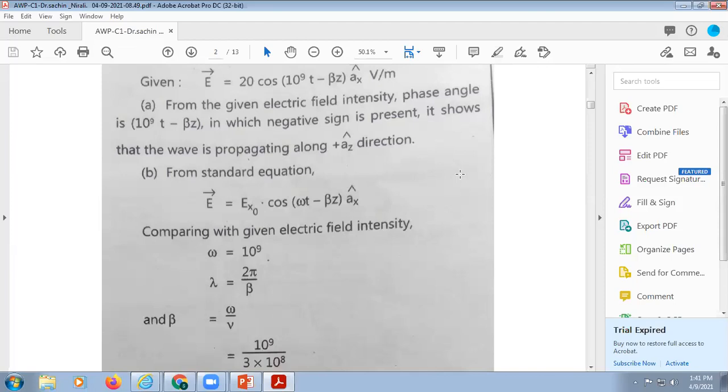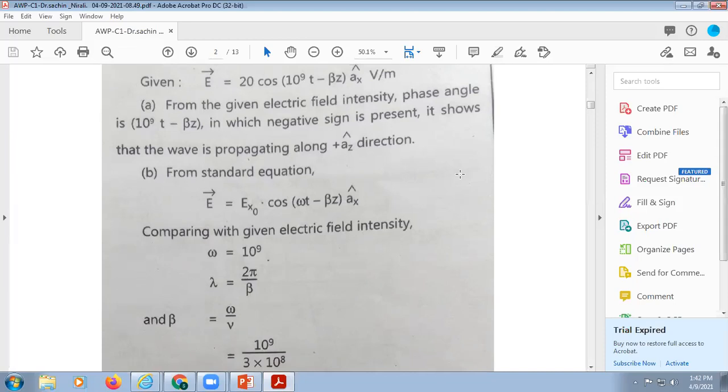If you compare our equation with the standard equation, you will come to know that the plus or minus decides the direction. So we can identify easily that the direction will be the plus AZ direction.